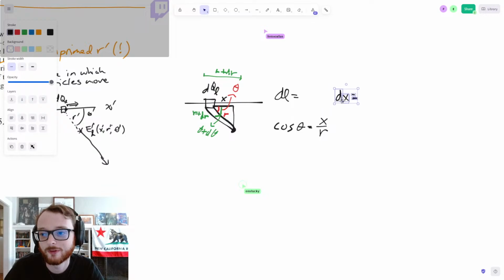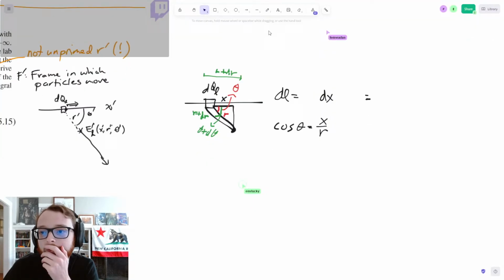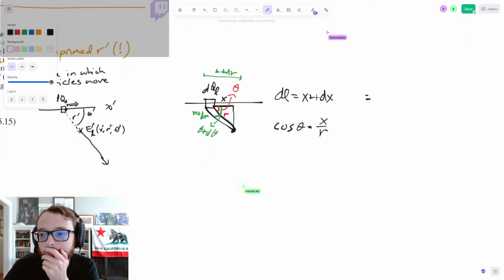Actually, this is easier to see if we do x plus dx minus x.